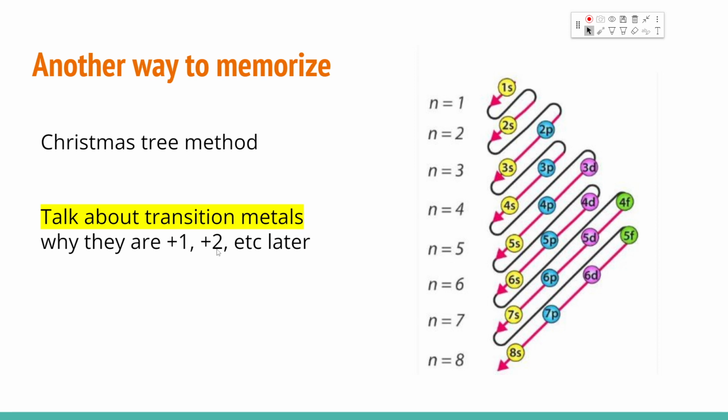Transition metals, why they're +1 or +2. In terms of talking about them, it literally is just based off which ones you're going to remove. Usually it's the valence ones. Sometimes you're removing stuff from other places if you're going to be able to have all your rooms half filled out.